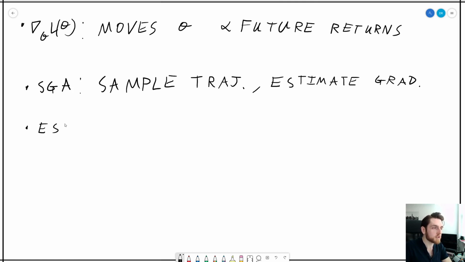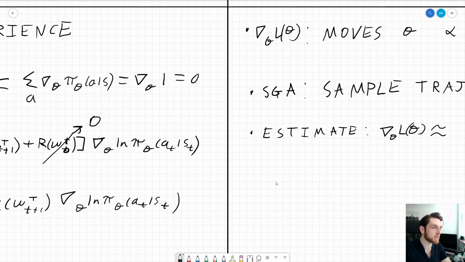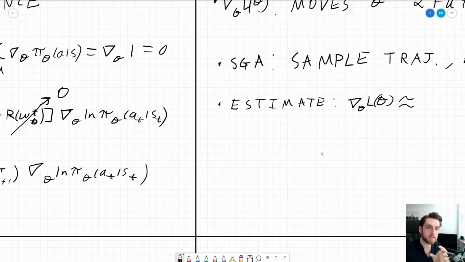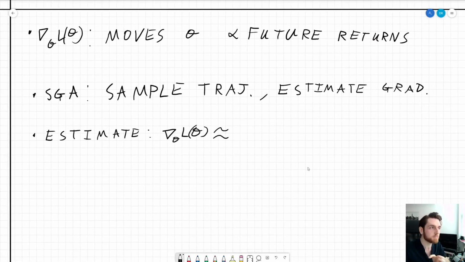So our estimate for each trajectory is that the gradient is approximately equal to, so we're running the trajectory, sampling each of these trajectory probabilities, and then along each trajectory we just want to calculate this quantity, the reward in the future of each transition and the eligibility for each transition.